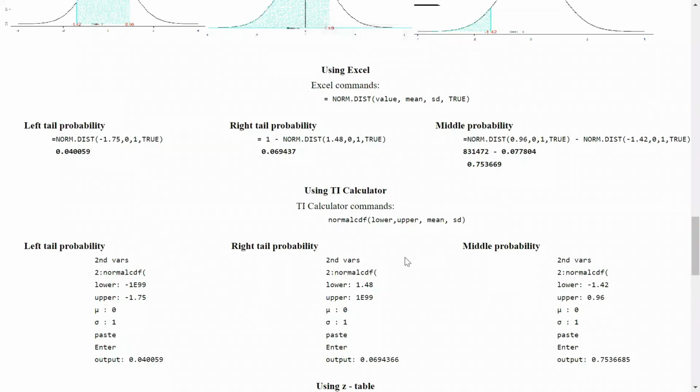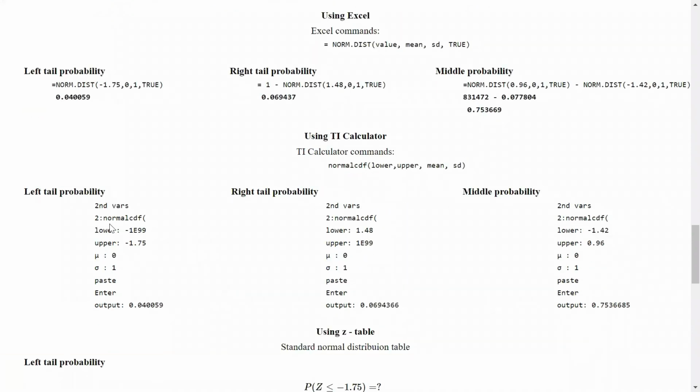Regarding the TI calculator, to compute these probabilities, we first press two buttons, second and VARS, on the calculator. That leads to a screen containing the menu items. From this menu, we select normalcdf and enter.